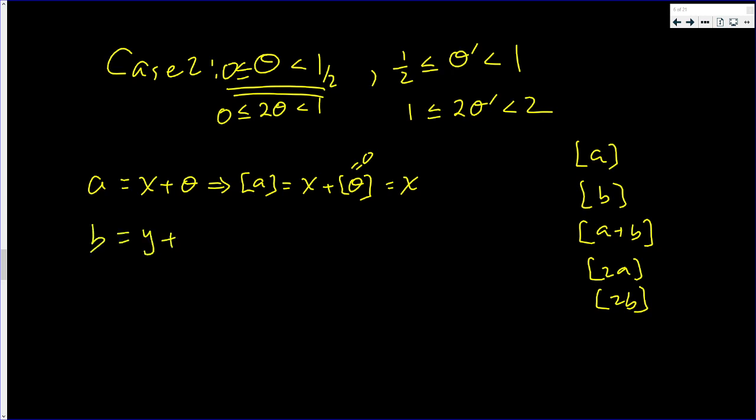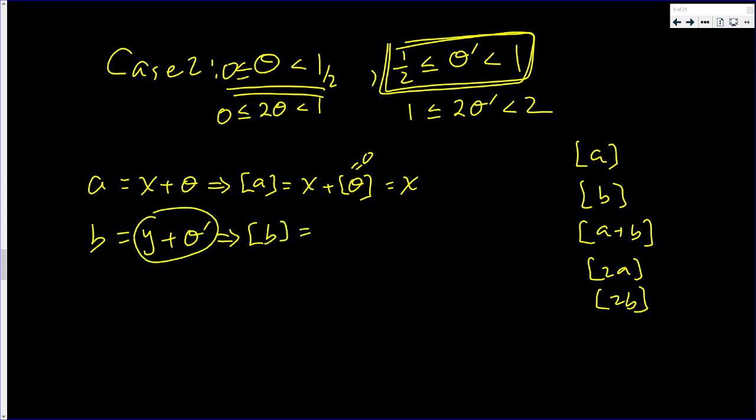B is equal to y plus theta prime, but theta prime is positive and less than 1. That means the greatest integer of theta prime is 0. So this implies that the greatest integer of b is equal to the greatest integer of y plus theta prime, but since y is an integer, it can come out in front. But again, that's 0. Okay, so we have two of the results, x and y.